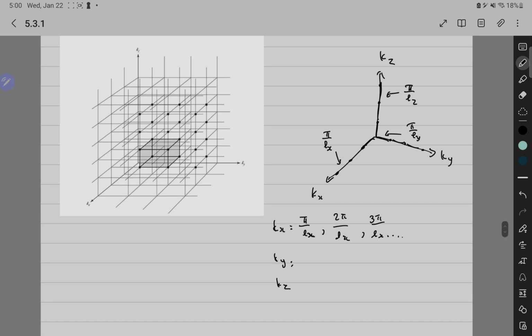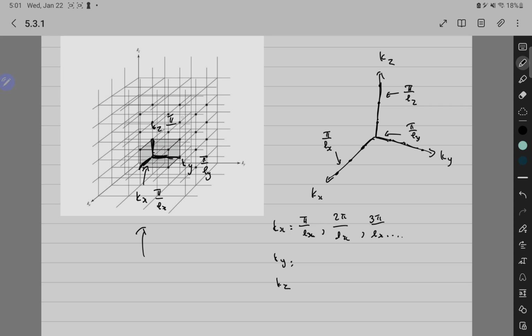Once you have done that and kept expanding the grid, and you connect everything together, you get this image I have on the left. You start in the center somewhere, and each of these represents a kx step with a length of pi over Lx, each of these represents a ky step with a length of pi over Ly, and each of these represents a kz step with a length of pi over Lz.